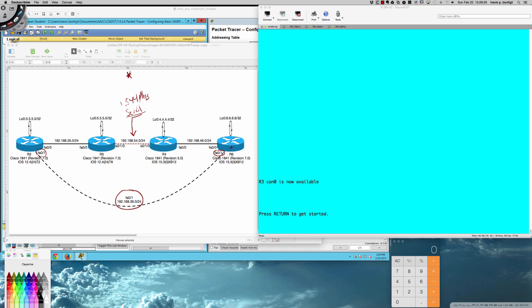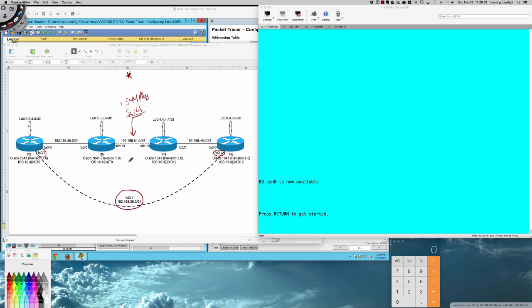So we actually have kind of an elongated triangle here. So router 3 connects to 6 connects to 4, 4 connects to 5, 5 connects to 3. And this is going to allow us to take a look at what the feasible successor looks like, and not only that, but to get a chance to see what it takes to meet the feasibility condition.